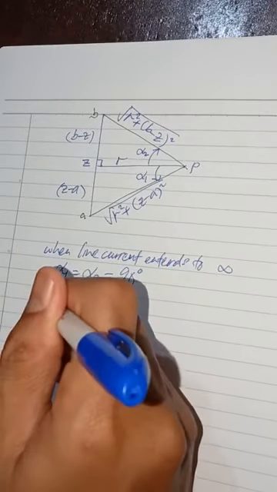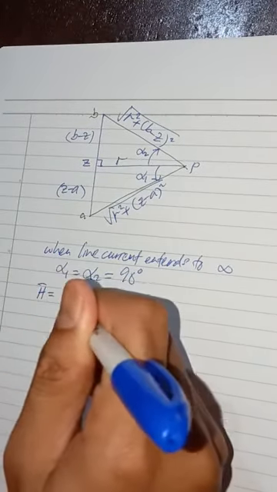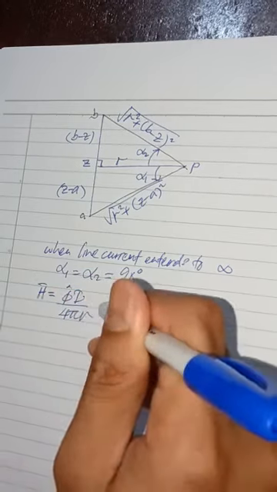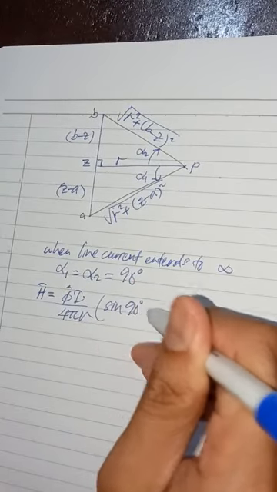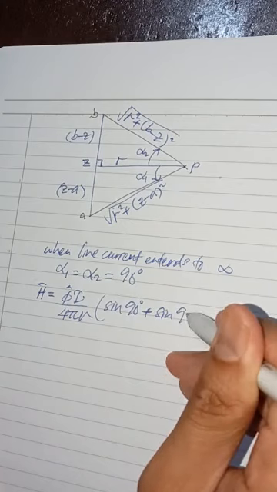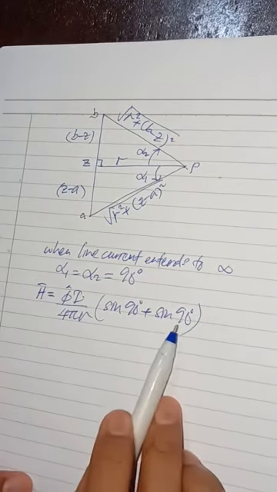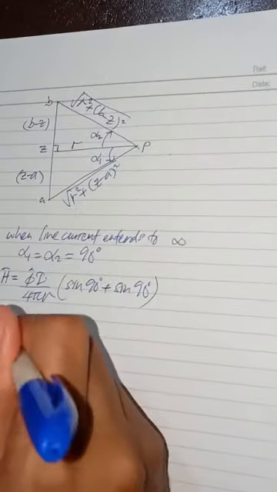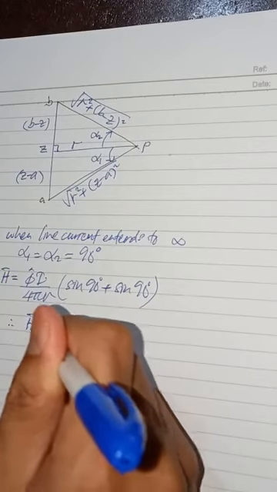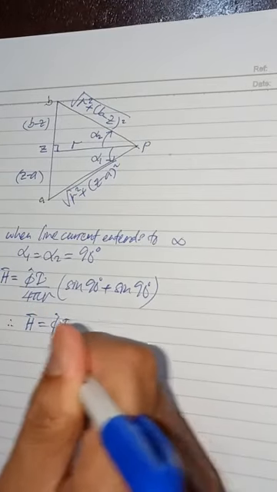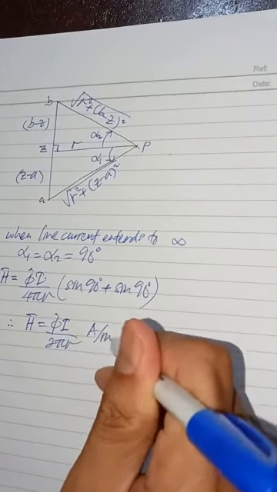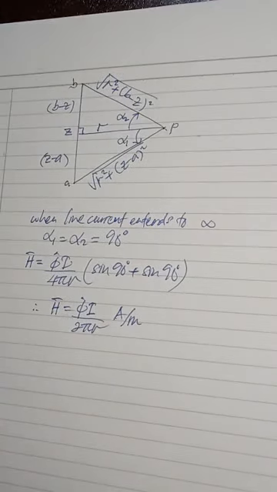We are going to have here phi component H equals I over 4 pi r, times sine 90 degrees plus sine 90 degrees. This one is 1, this one is 1, so plus gives 2, and then over 4. You finally have your equation: H equals I over 2 pi r, ampere per meter. So that's the equation for the infinitely long line current.